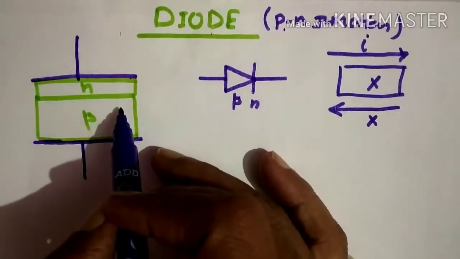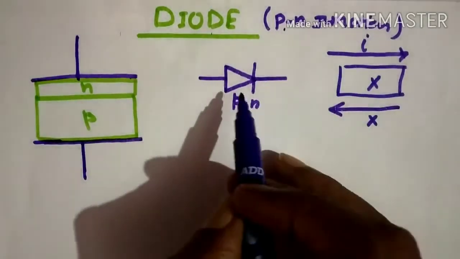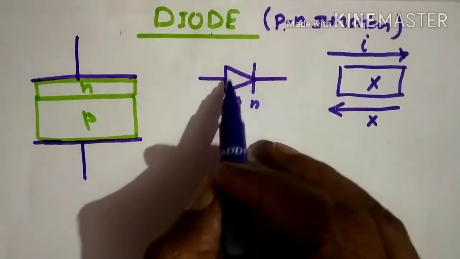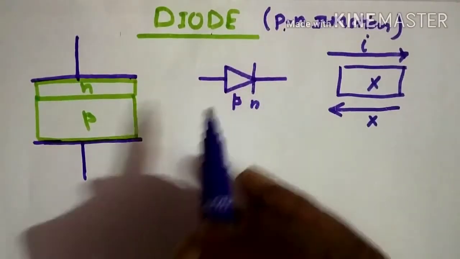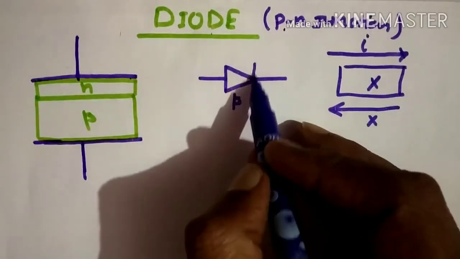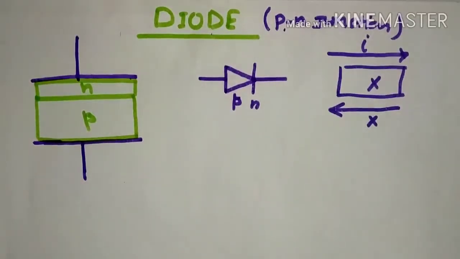Thus a PN junction diode is formed, and this is the symbol of PN junction diode. This triangular portion of the symbol represents the P region or P-type semiconductor, and this vertical line represents the N-type semiconductor.